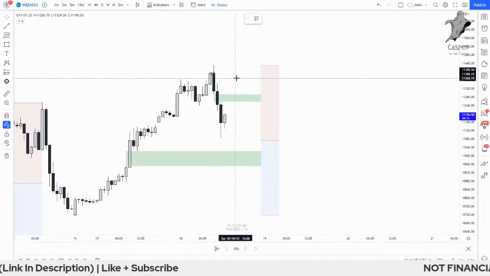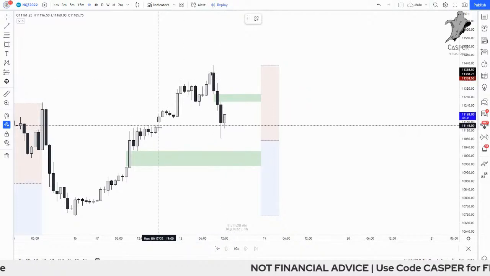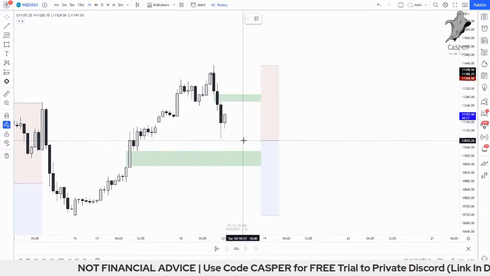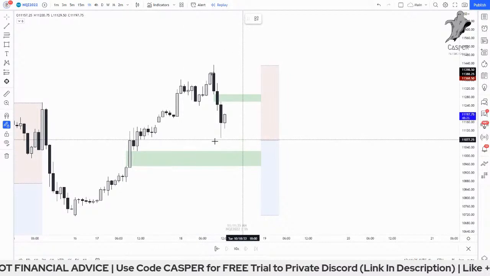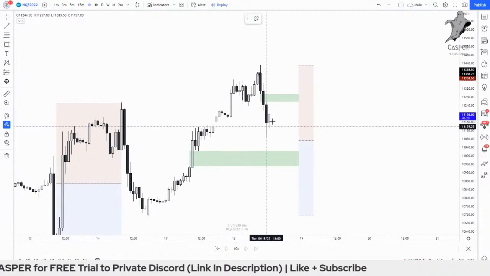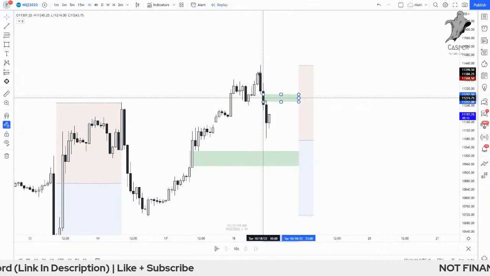I like this fair value gap right here. So we came down, we filled that opening gap. Didn't necessarily come all the way back down to a discount. We didn't really tap into the body of this order block either. So I still would want to see more downside overall, but I could see a little push back up into this fair value gap.